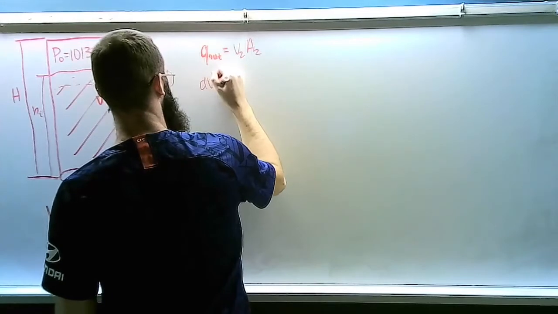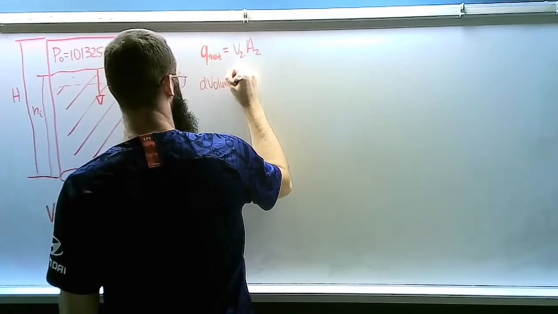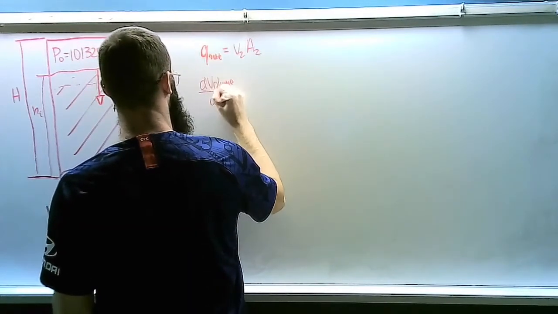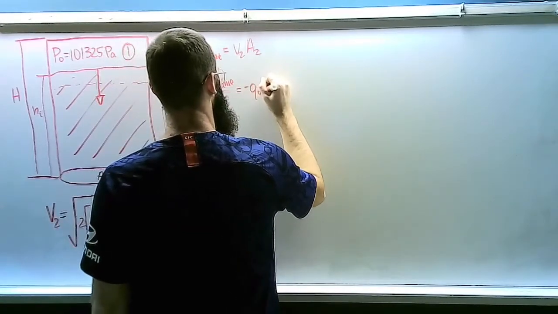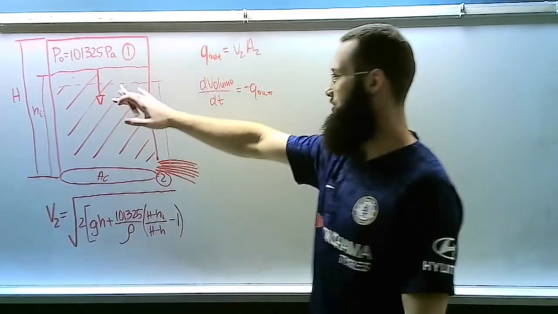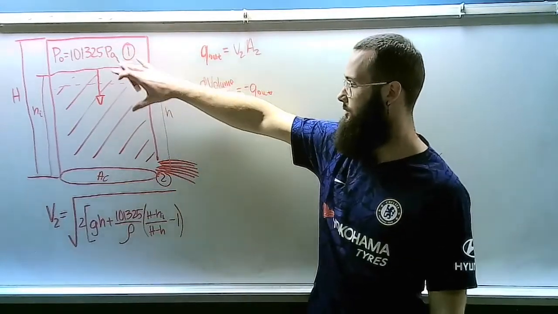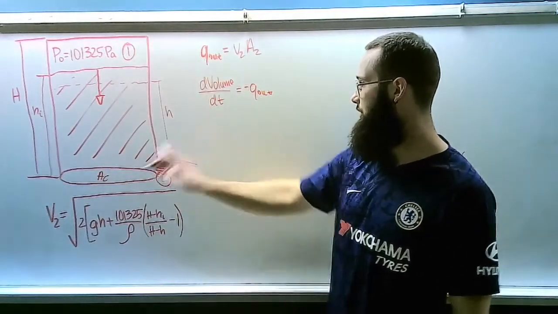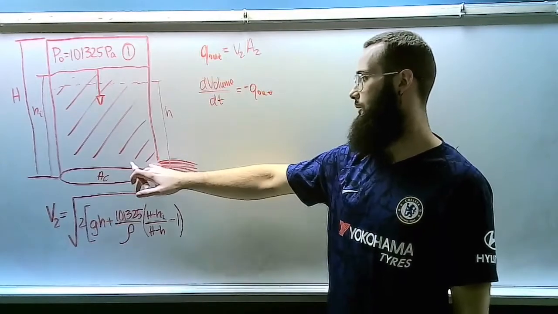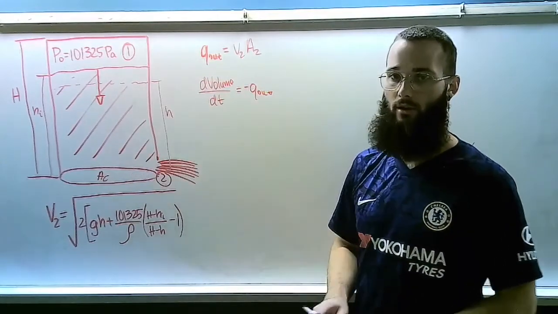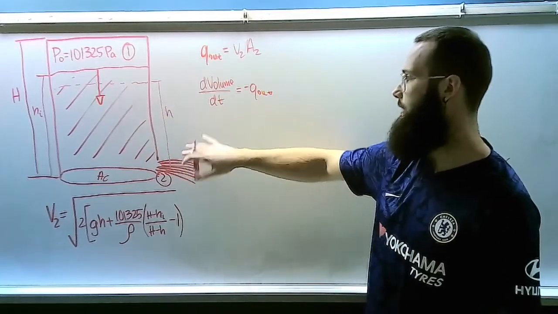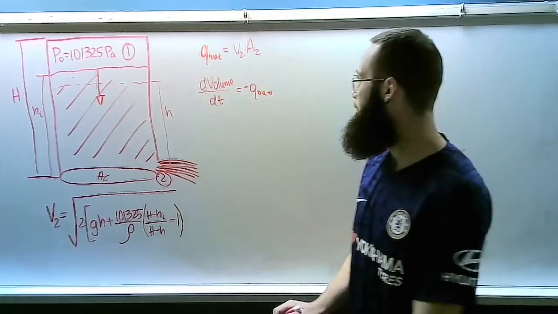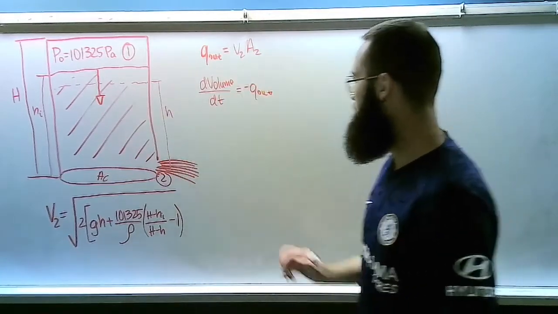So it's actually going to be the change in volume over the change in time. So as the volume changes with time, that will be equal to the water that exits the vessel. So all the water's in here, and so when some exits with time, it will show up with negative Q out. So now we can set these equal to each other.